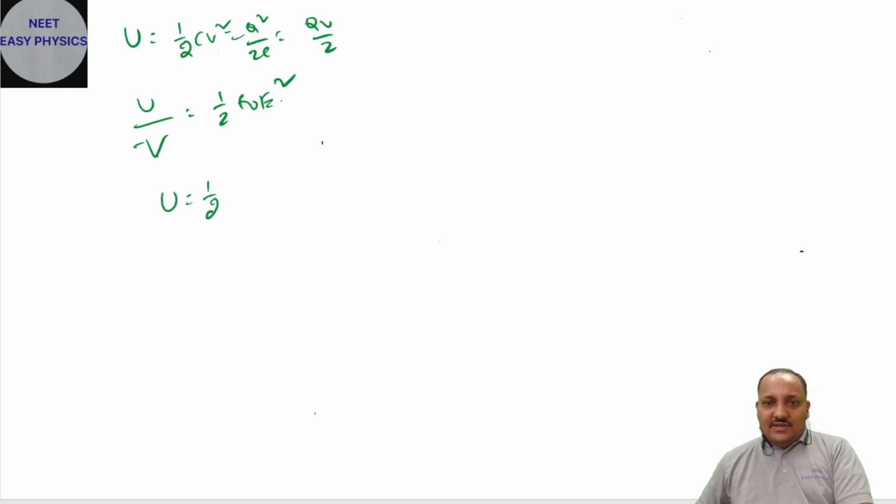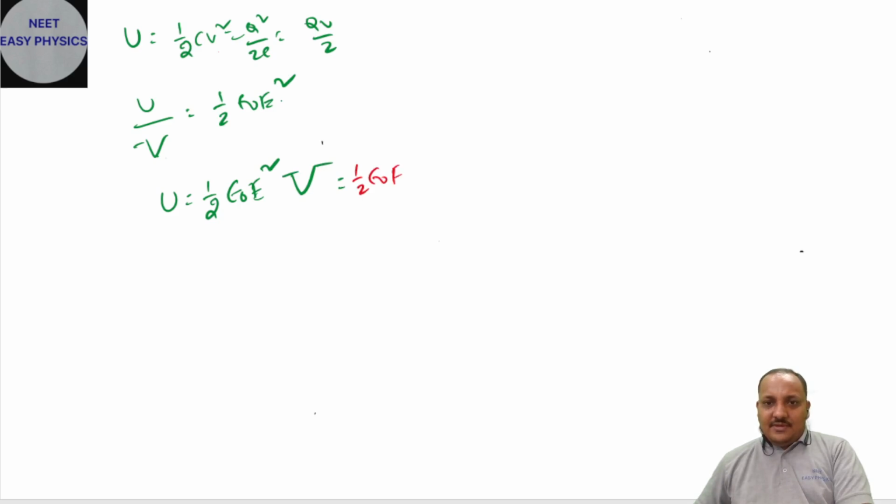Now energy stored in a capacitor formulas: half CV square, Q square by 2C, QV by 2. Now the new one, U by V is equal to half epsilon naught E square. One of the years in the NEET final exam, they asked this equation of half epsilon naught E square into volume. What is this volume?